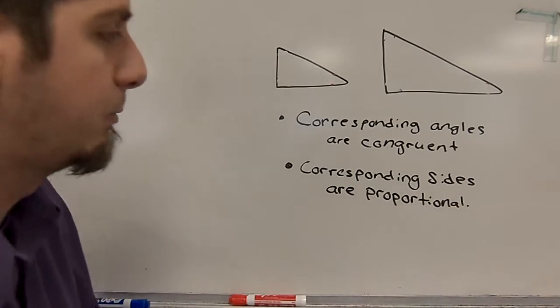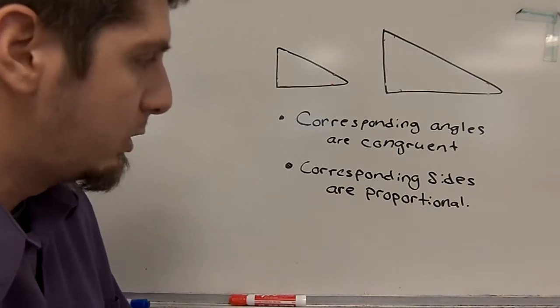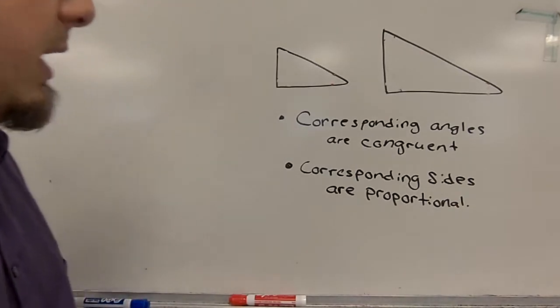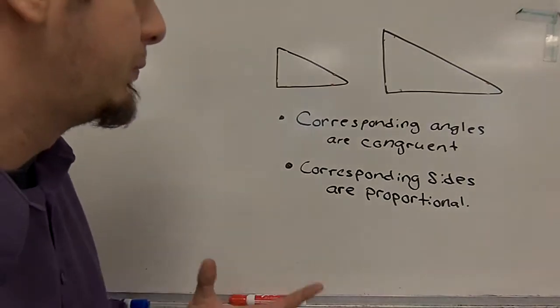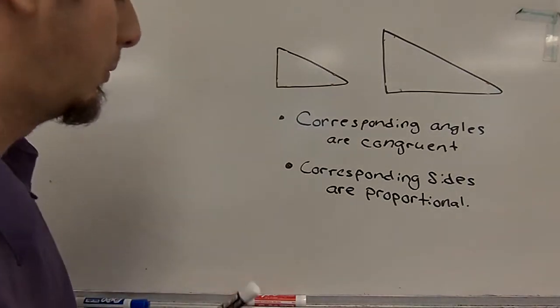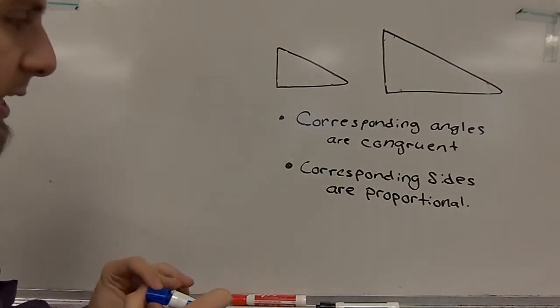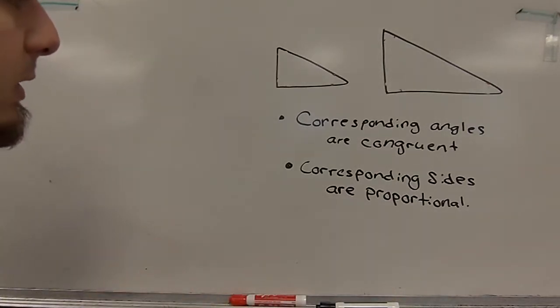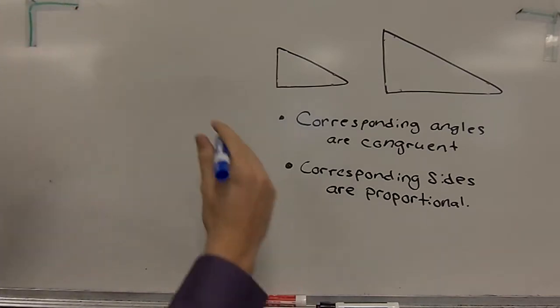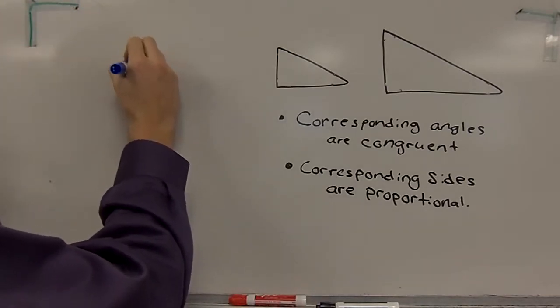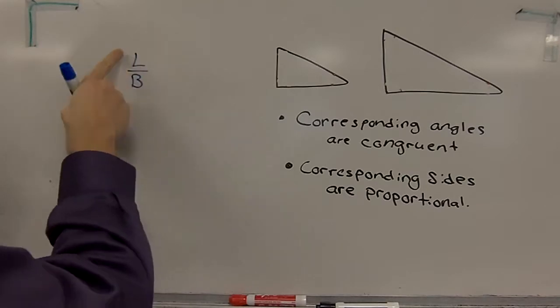And if you remember back from chapter 6, when we talk about proportional, that means that we have two equal ratios. So what I mean when I say that the corresponding sides are proportional is if, for example, I decide that I'm going to do little side over big side as my ratio.